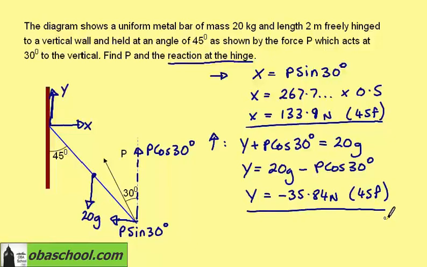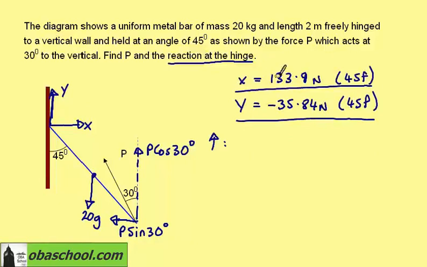And note the negative here means that Y acts in the opposite direction to that shown in the diagram. So to find the reaction, X is 133.9 to the right. Y is minus 35.84, so it's in the opposite direction, and therefore downwards.